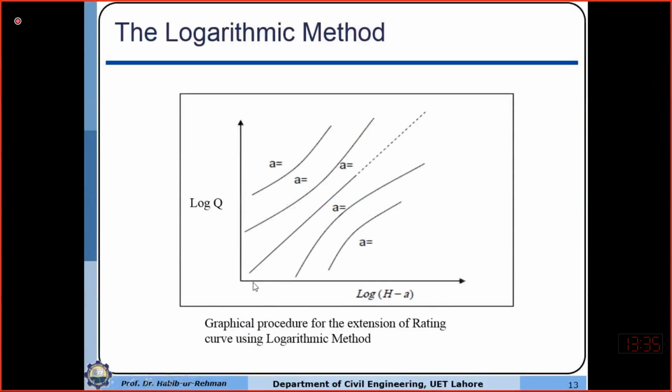When you plot this graph, it will touch the y-axis at some point, the y-intercept, that is log of K. After plotting, we can extend the graph first, and then find the required stage at the given discharge or the required discharge at the given stage.